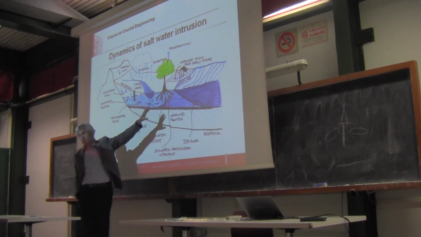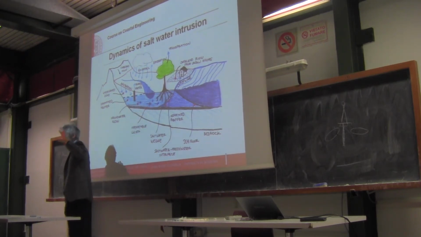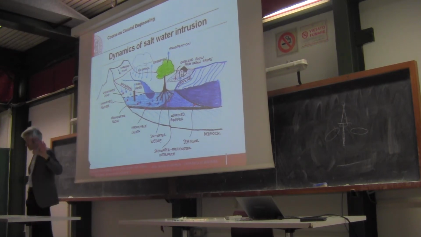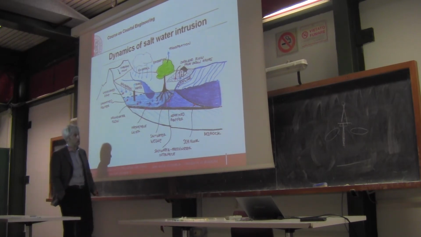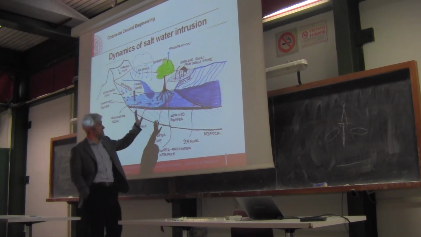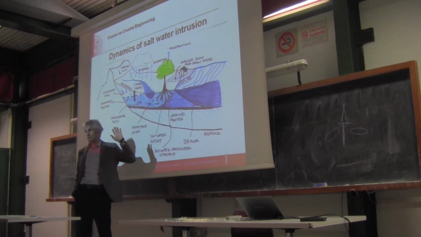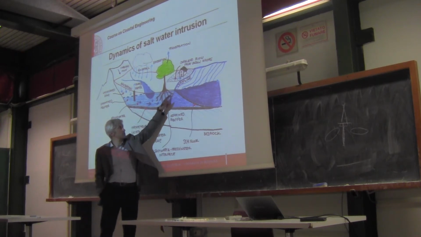This is the reason why we typically have saltwater intrusion in the form of a wedge. And so we talk about a saline wedge, or cuneo salino in Italian. Our technical problem is to estimate the shape of this wedge, so the position of this interface.